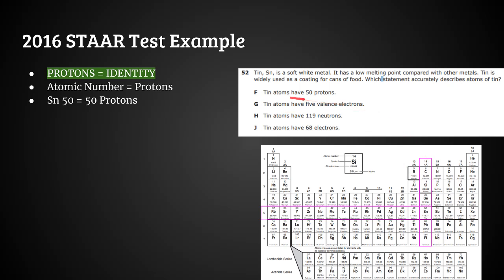It does not have 5 valence electrons because we see here that it is in group 14. If you just get rid of that one, I get a 4. So it does have 4, not 5. It does not have 119 neutrons. I don't want to do that math right now, but just trust me, it doesn't. Tin atoms have 68 electrons, and then we know that's obviously not true.